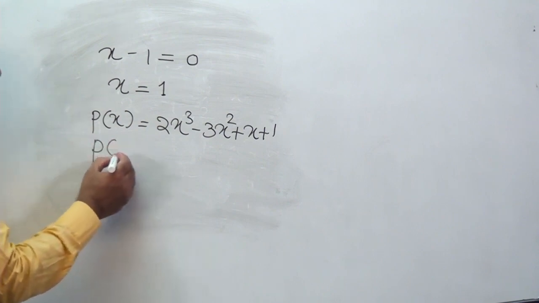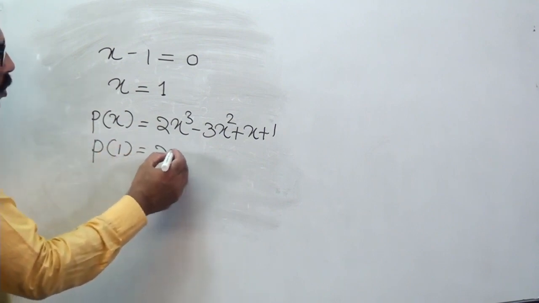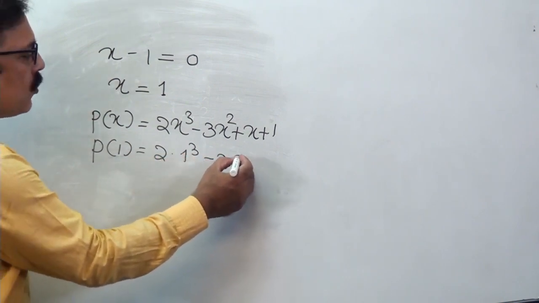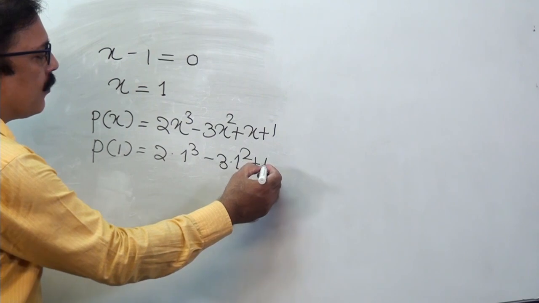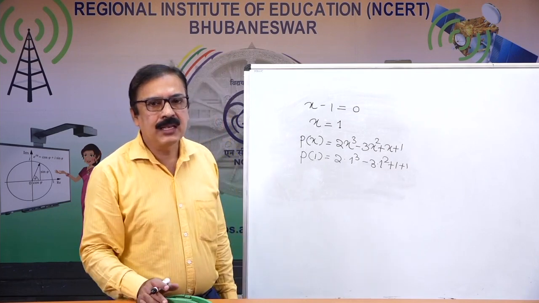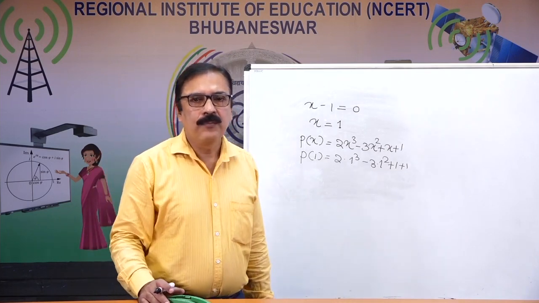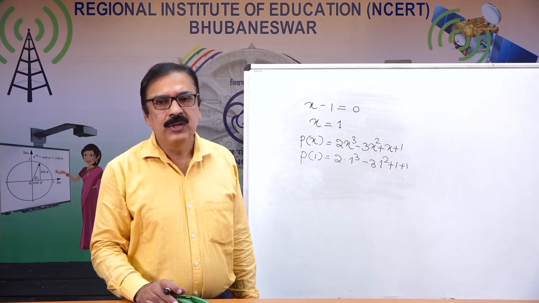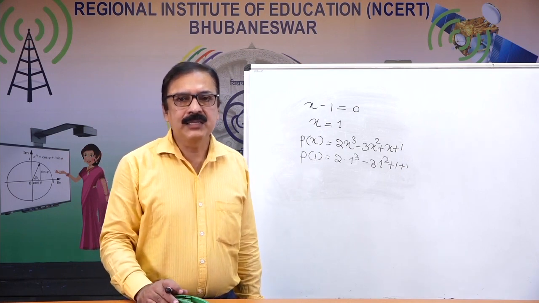So P1 becomes 2 into 1 cube minus 3 into 1 square plus 1 plus 1. So what do we get? From this calculation, we get 2 minus 3 plus 1 plus 1, and that means the value is 1.